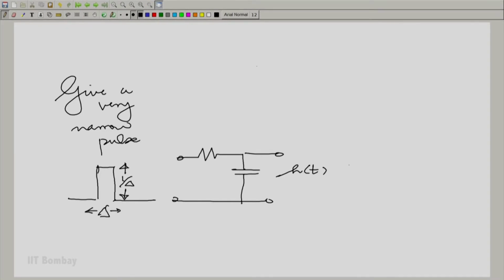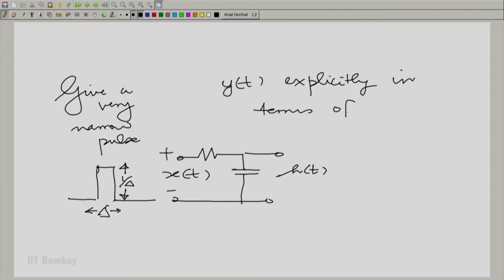The beauty is, we will show later that we can write y(t) explicitly in terms of x(t) and h(t), provided delta goes towards 0. So in a way, what we are going to do in the next few sessions is to make this evident to ourselves, that many real life problems give you implicit relationships, but you want the relationship to be explicit.